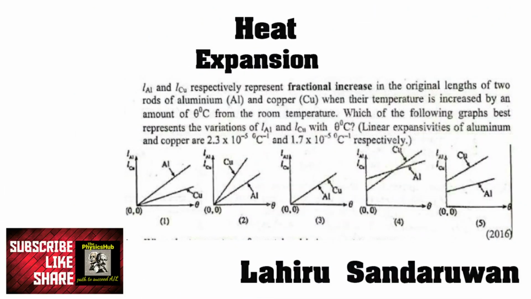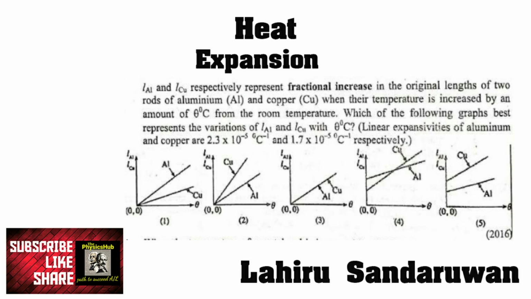L aluminium and L copper respectively represent the fractional increase in original length of two rods of aluminium and copper when their temperature is increased by an amount of theta from room temperature. Which of the following graphs best represents the variation of L aluminium and L copper with theta?